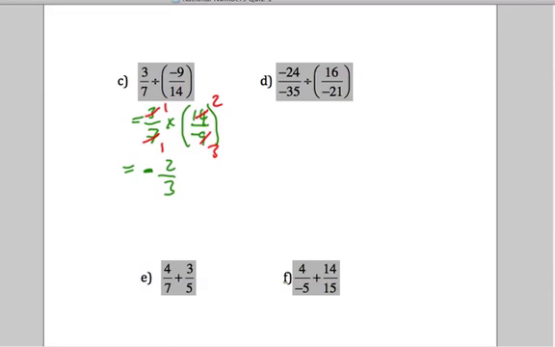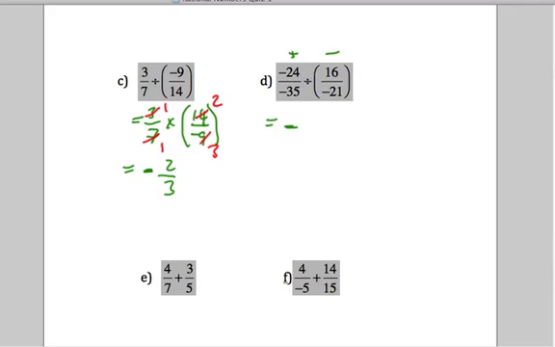Same thing here. We can deal with the signs. So it's a negative divided by a negative, that'll be a positive. And a positive divided by a negative will be a negative. So I've dealt with the signs. Now I'm just going to deal with the numbers themselves.